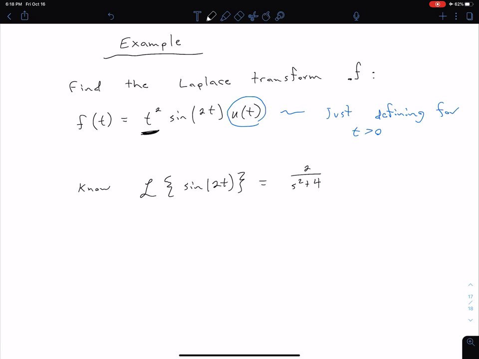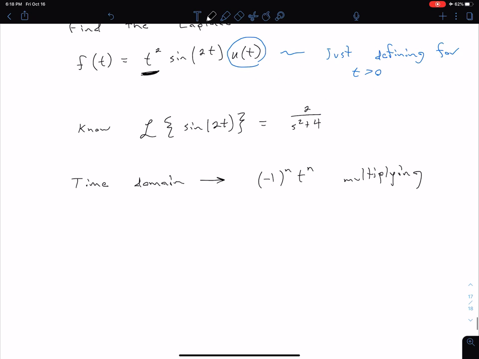What we can recall is that in the time domain, if we have a (-1) to the n, t to the n multiplying our other terms, that corresponds to taking the nth derivative in the frequency domain.